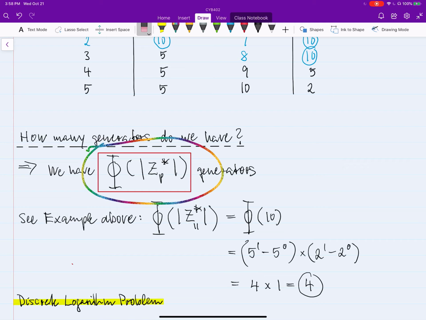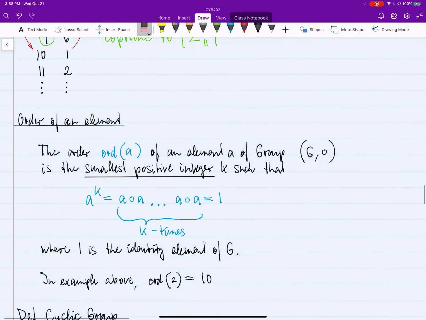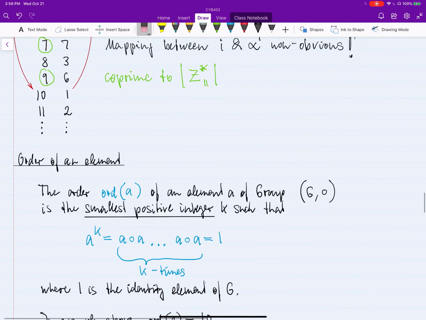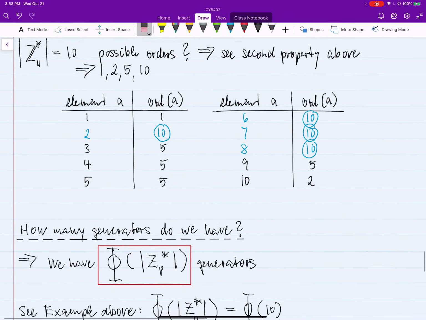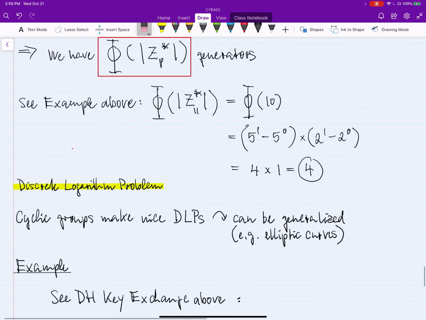So this is the rationale. Again, this assumes that we accept that what we said here, that a generator to the power of these numbers generates other generators. And this itself needs to be proven, and we are not going to do that here. But it's really interesting. That's the reason why I wanted to point this out.